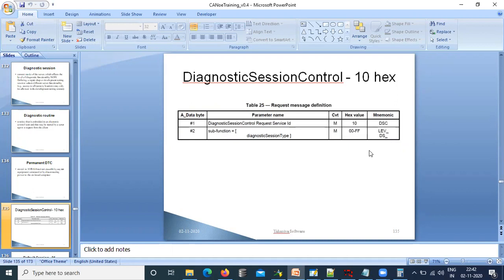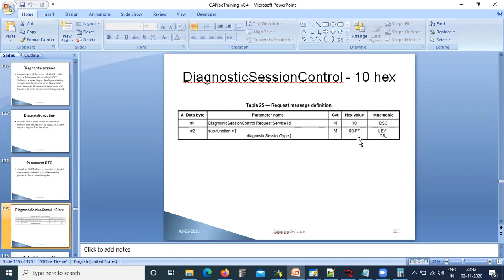When you use 10 in hex, it is used for diagnostic session control request. The subfunction can be 00 to FF. 10 is the session request: 01 means default, 02 means programming, 03 means extended, like that.